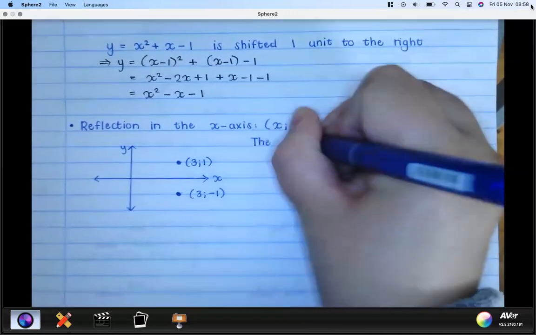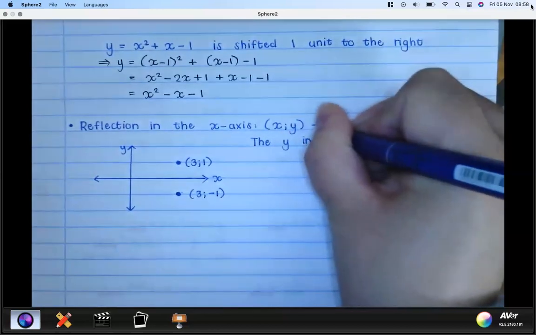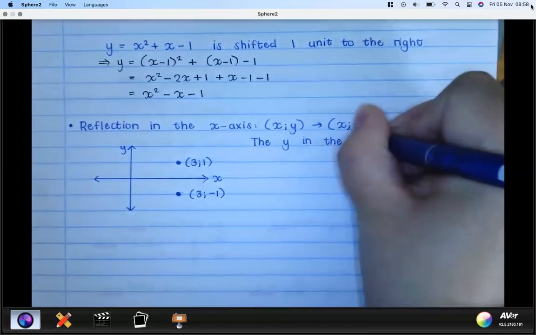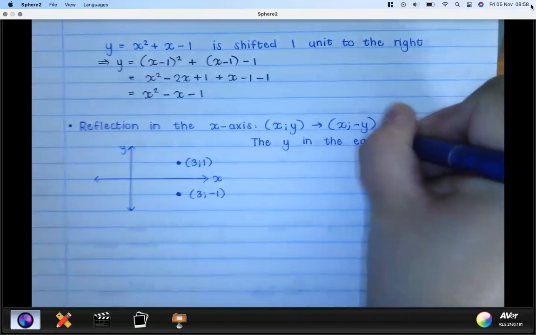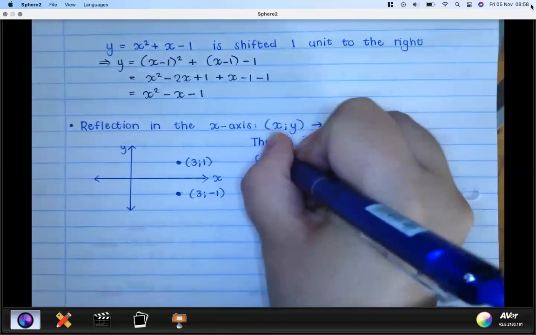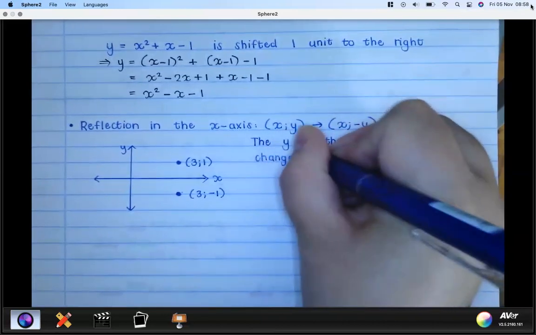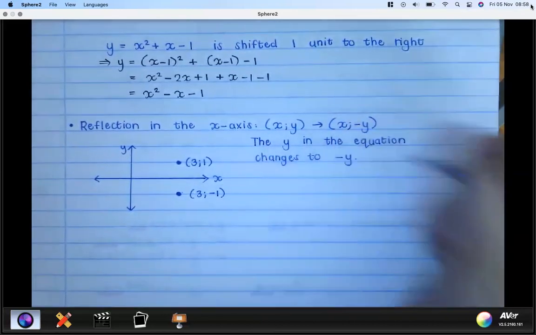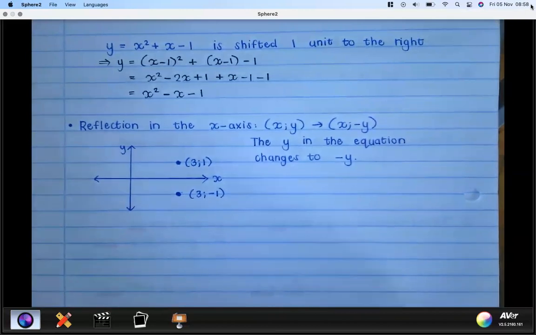So the y in the equation changes to, or becomes, negative y. That is what you do when you reflect in the x-axis.